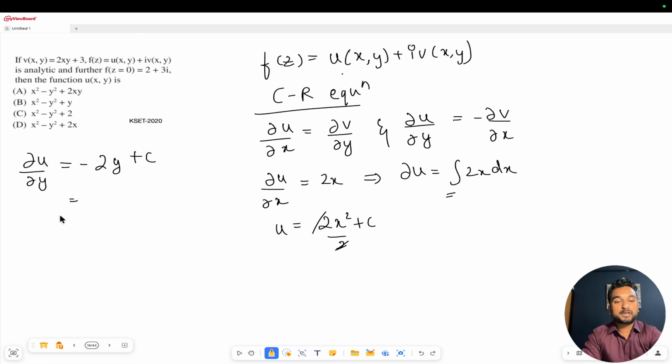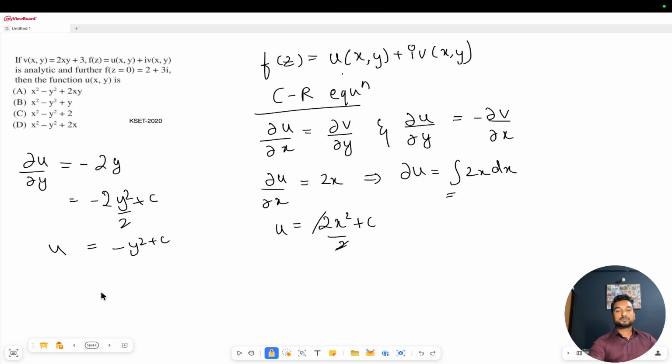So c will not come here now. You will get minus 2y, whose integral is minus y square plus c.